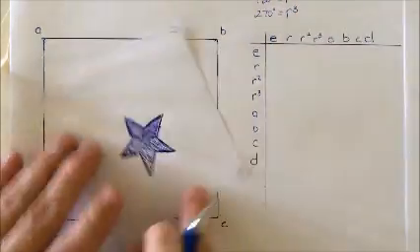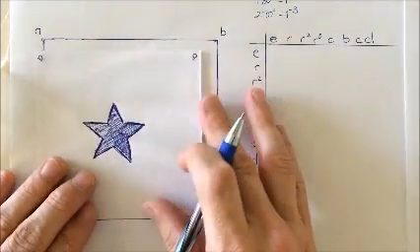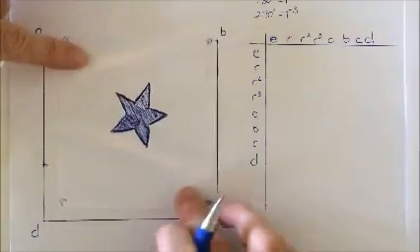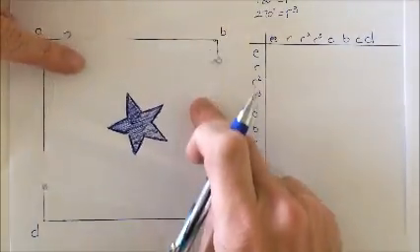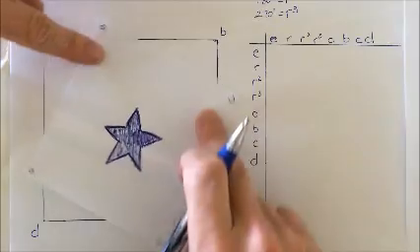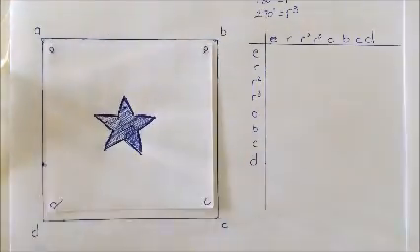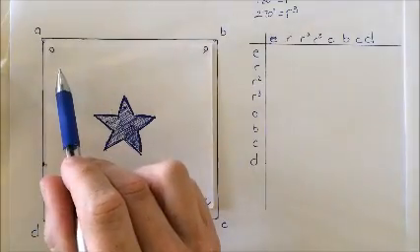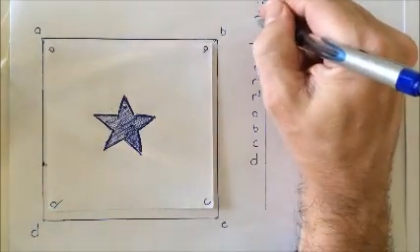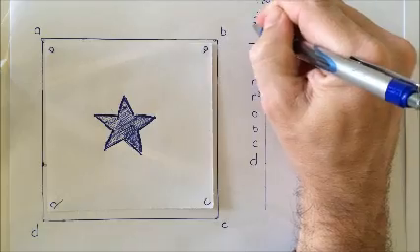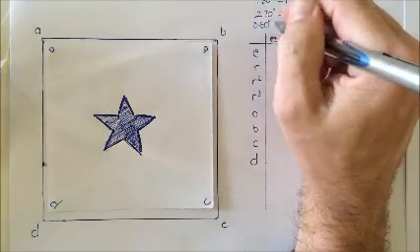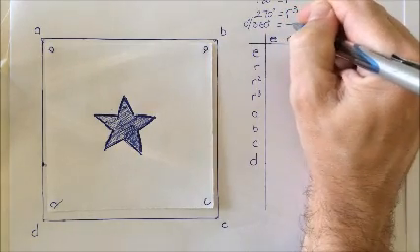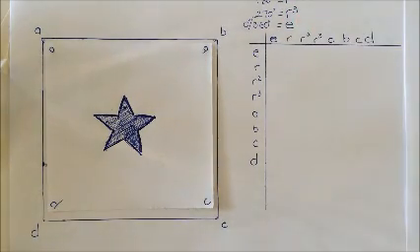And finally, if we go through 4 rotations, 2, 3, and 4, we end up back where we started. So this is our identity. 360 degrees, or we're back to where we started, so it's also 0 degrees, equals the identity.